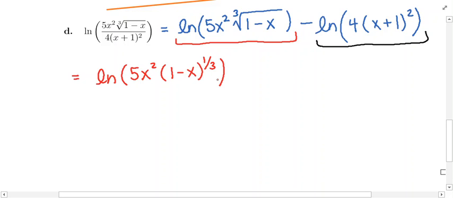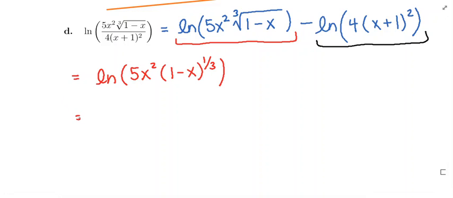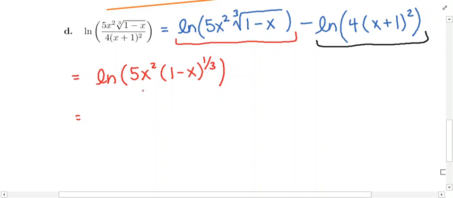Now I've got to look at this and say, overall, what am I doing? Is this the logarithm of something times something, something divided by something, or something to a power? There's more than one thing going on here, but overall, it is the logarithm of something times something times something.